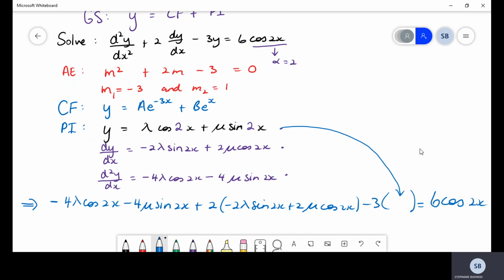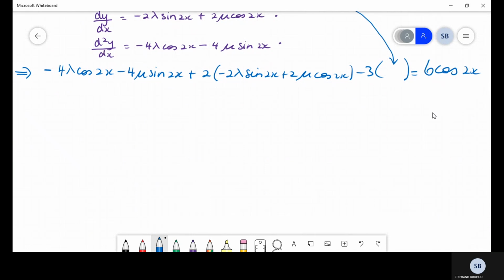So let's see what we can compare and equate. We can see that we have some terms in cos 2x on both sides.